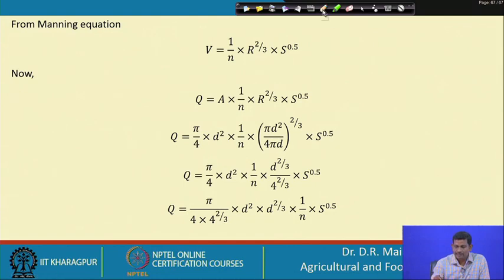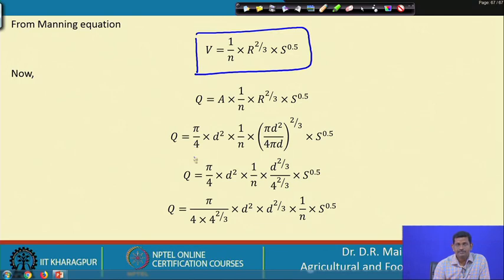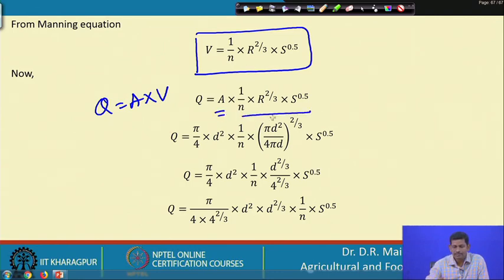Let us see. Here we put the Manning's equation, that is V equals 1 by n times r power 2 by 3 times S power 0.5, and Q is equal to A times V. So, A times V, where V is 1 by n r power 2 by 3 times S power 0.5. A is the cross-sectional area, pi by 4 d square.